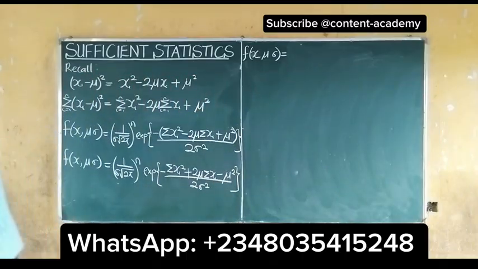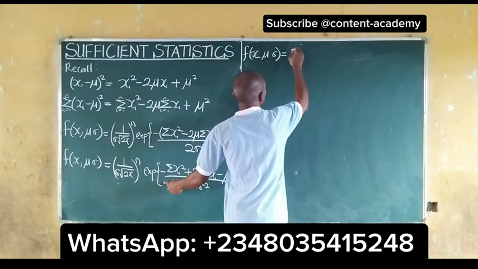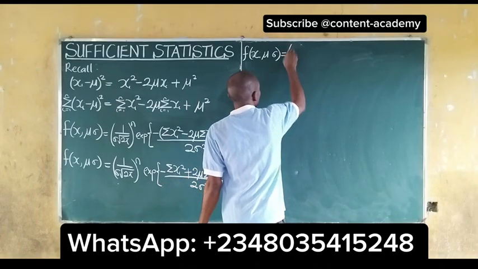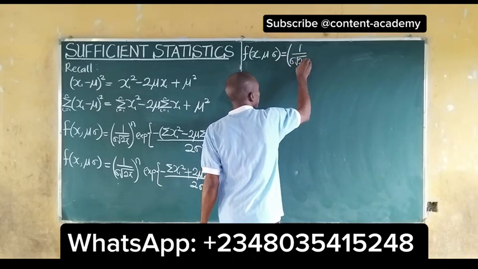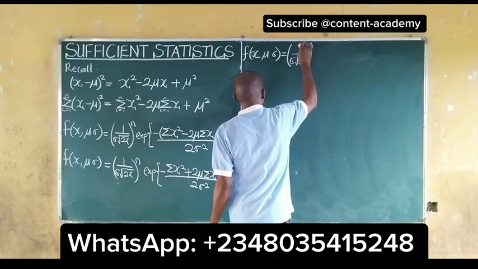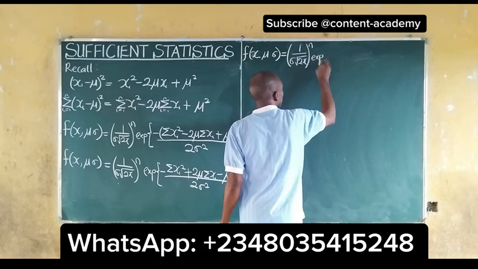So it then means that our function can be written as 1 all over sigma square root of 2 pi raised to the power of n, exponential.